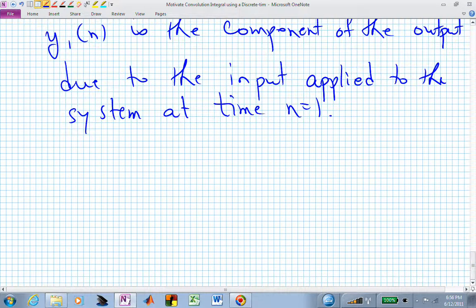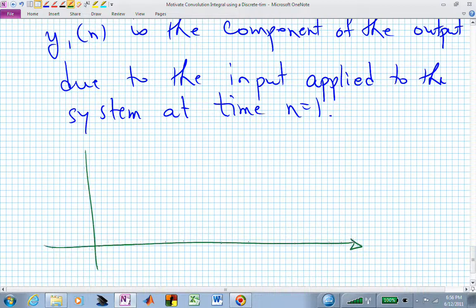But this particular input doesn't begin until n equal 1, and the system naturally does not react to that particular input until the input is applied. That's because the pulse response does not begin before n equals 0. In this case, here is our response due to the input applied at n equal 1.